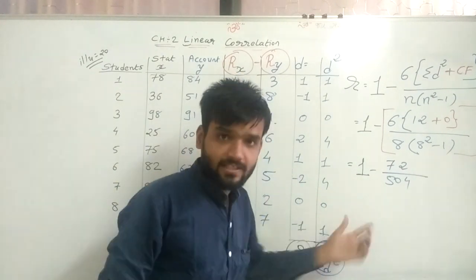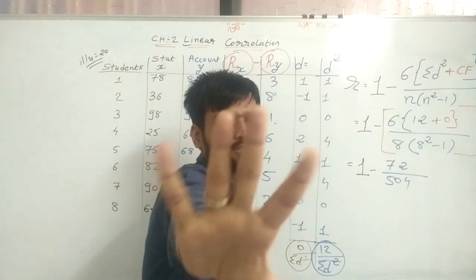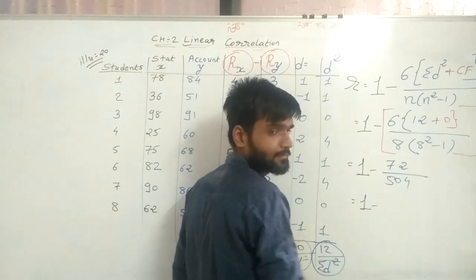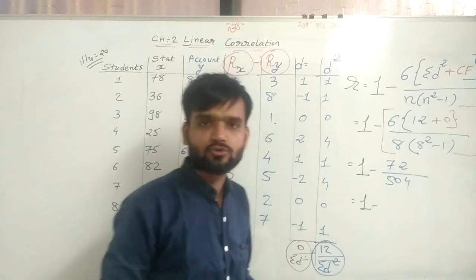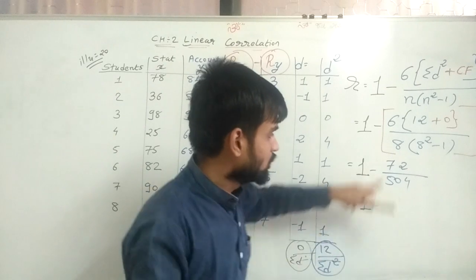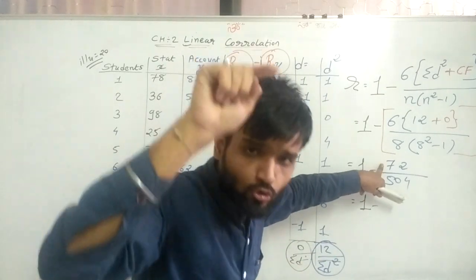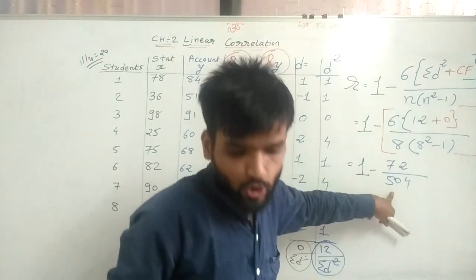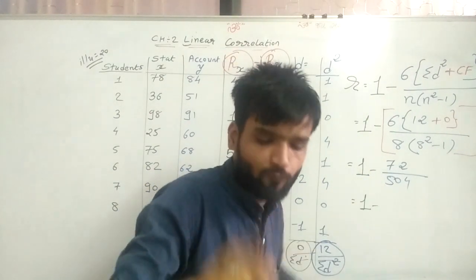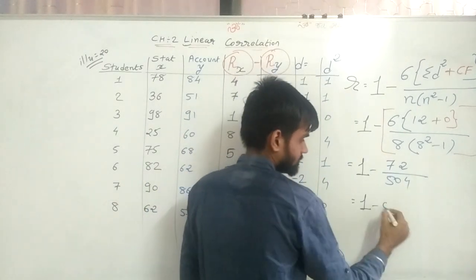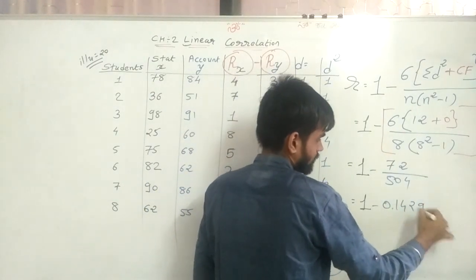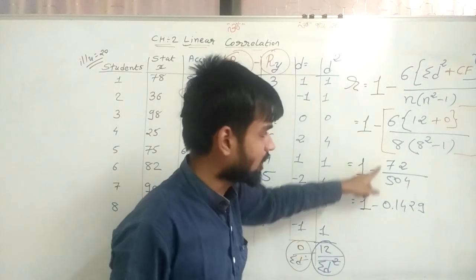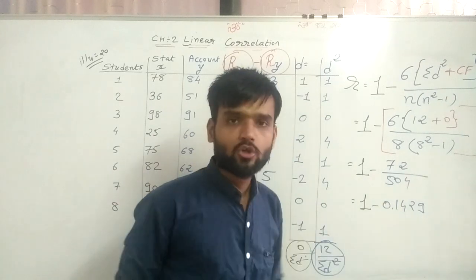Now 1 as it is. We are not touching 1 first; it is at the last. Divide these two values. If in the calculator you divide 72 by 504, you will get the answer 0.1429.